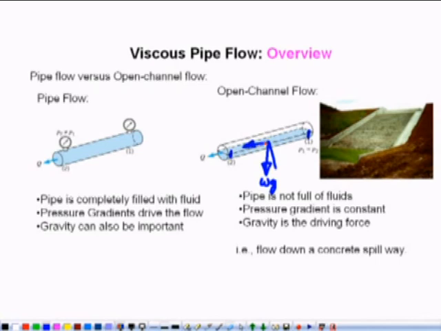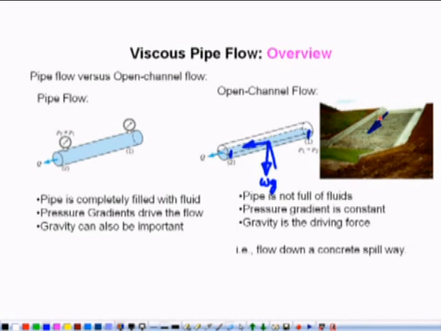Because of that it starts moving. Similarly, suppose we have a concrete spillway in which the fluid level is more here, then this fluid will come downward, and this flow is also open channel flow. So with the help of this figure we have understood the difference between pipe flow and open channel flow.